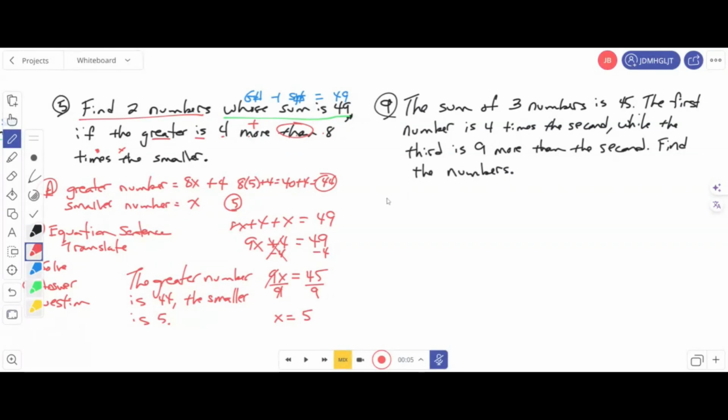Okay, well, don't panic. We're going to do exactly the same thing that we were doing. This time we have 3 numbers, and they're calling them first, second, third. First number, second number, third number.